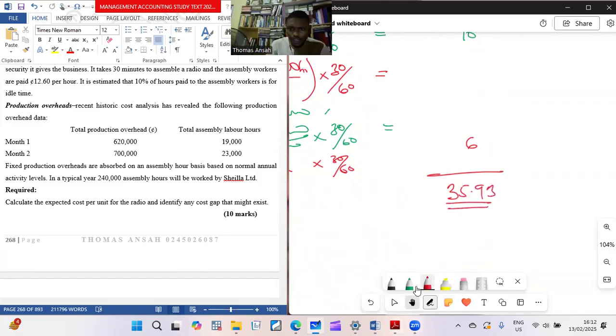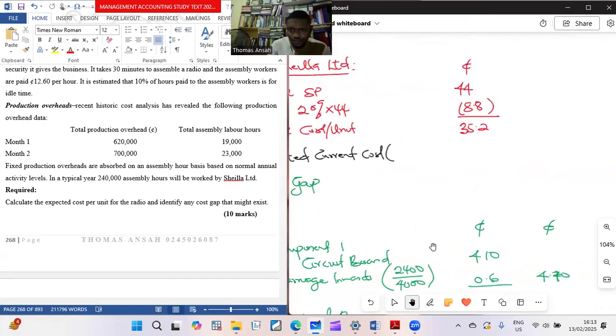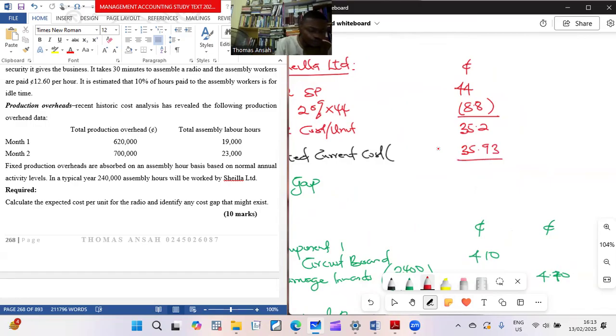So if I now come here and slot this 35.93 here, you could see clearly that there will be a gap between what the market expects and what we are going to do.